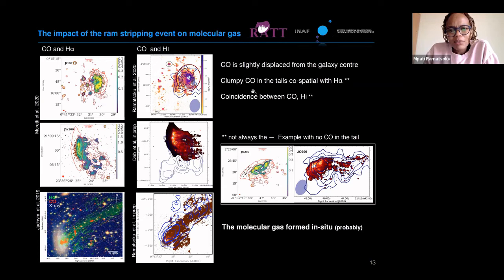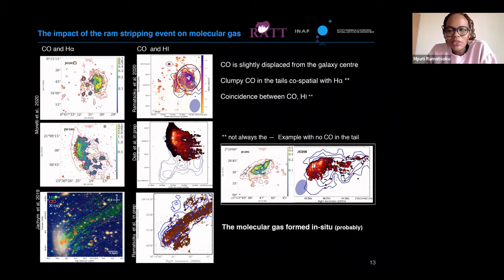So we see this clumpy CO in the tails that are co-spatial with H alpha. So it seems that with the CO, there's also star formation happening, and you see this in both cases. So there's always some coincidence.